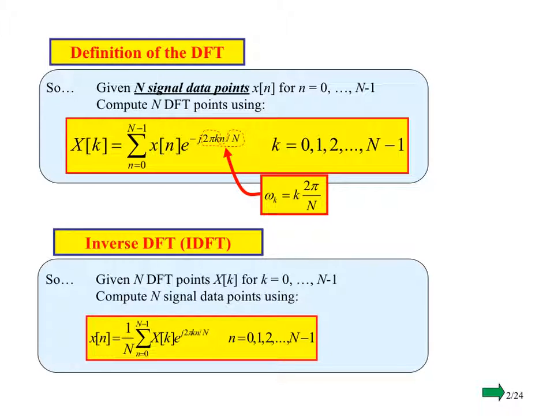I'm talking here about little omega k, so I'm switching to Proakis and Manolakis's notation rather than what I've used in my signals and systems class with an uppercase omega. Nonetheless, we see that we're operating at a spacing of 2 pi over capital N, where N is the number of data points that we put in, and we're not really saying whether some of those are zero padded or not.